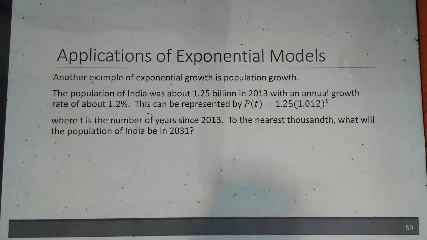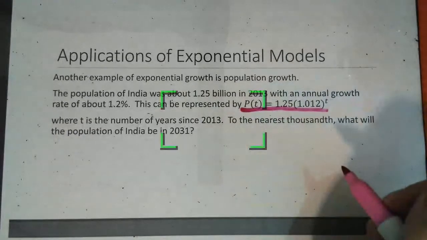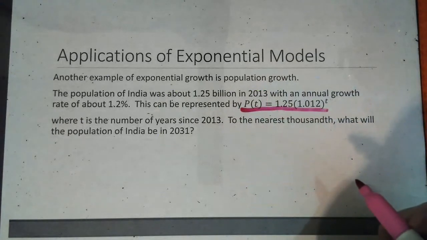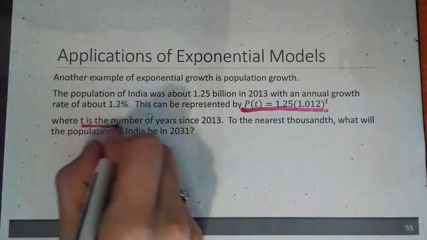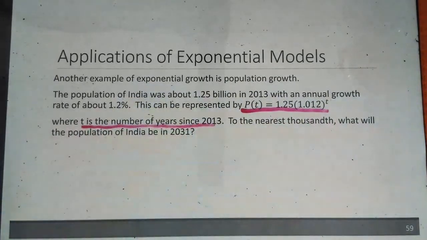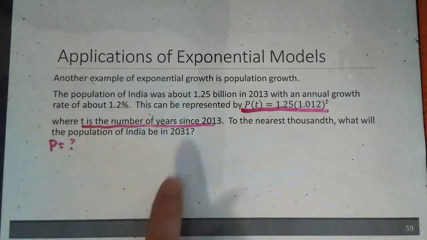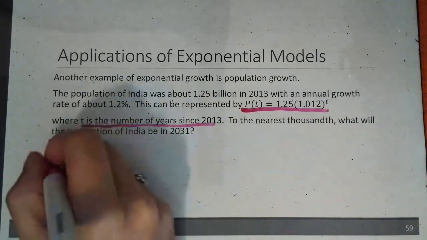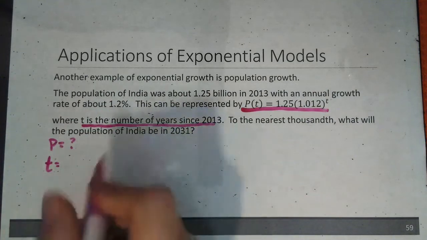All right, so they gave us a formula. They told us that P is the population, and then T is the number of years since 2013. Our goal is to find the population, which means I don't know what P is going to be. They say in the year 2031, which means I know T. We have to remember T is the number of years since 2013.